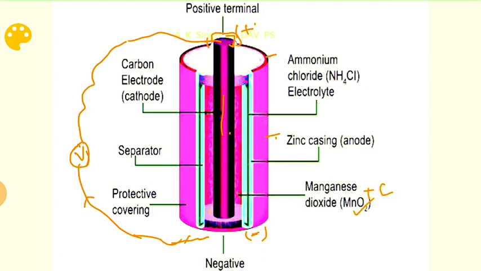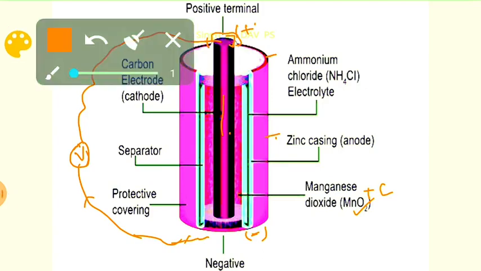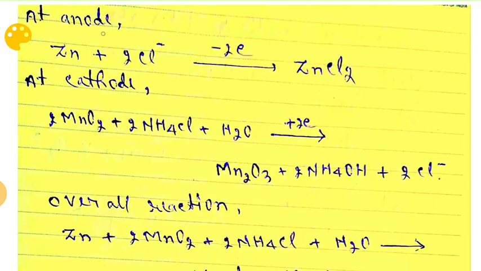Now, chemical reactions. The following chemical reaction takes place at anode. What happens here at anode? Zinc reacts with chloride ion, and zinc loses 2 electrons.